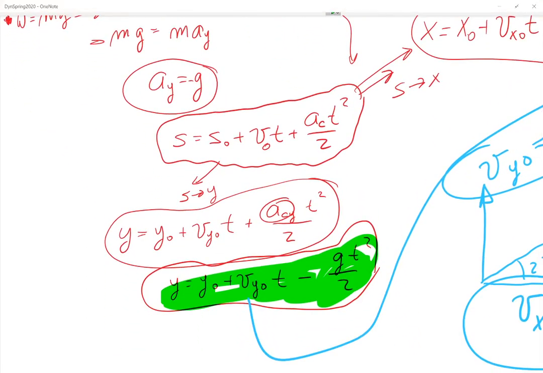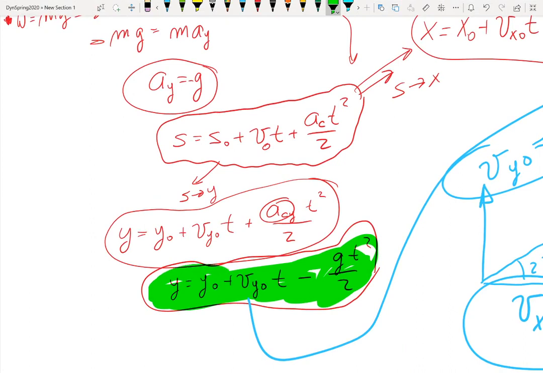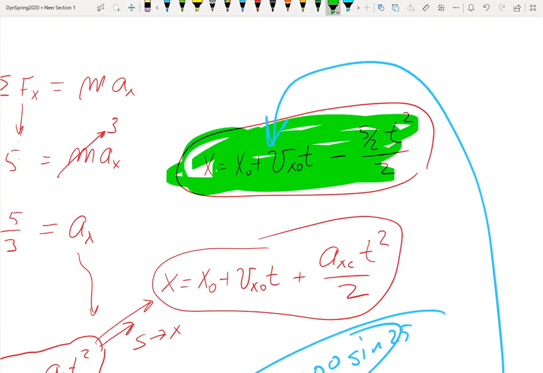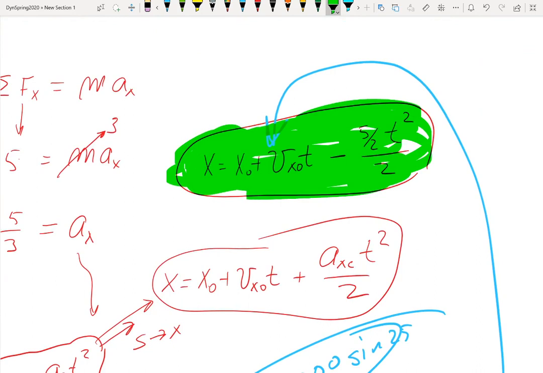Again, there really isn't an adjustment to the y equation for parabolic motion. But it's truly not parabolic motion anymore because the x equation is not linear. Before, this term right here would not exist. Now it does exist.